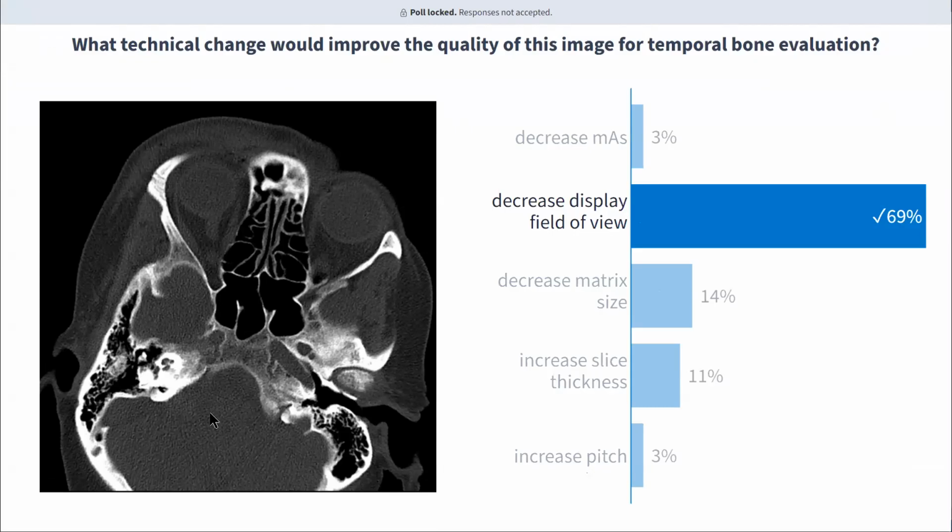Well, let's say you can focus on this region of interest and reconstruct it with a 512 by 512 image, then you can see stuff that much more clearly if you can do this dedicated small field of view reconstruction. All the other answers would make resolution worse than it is.